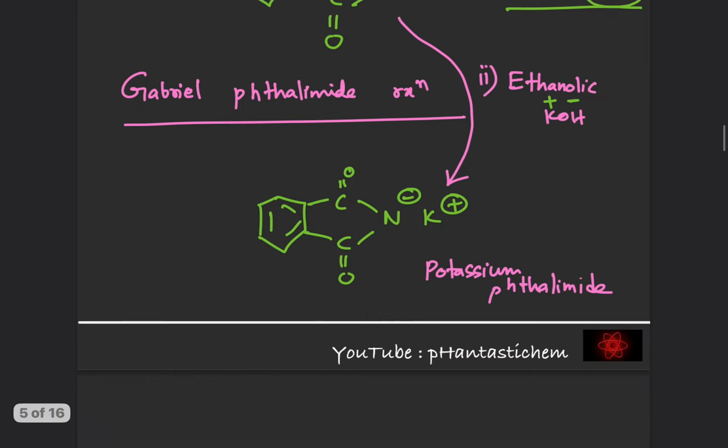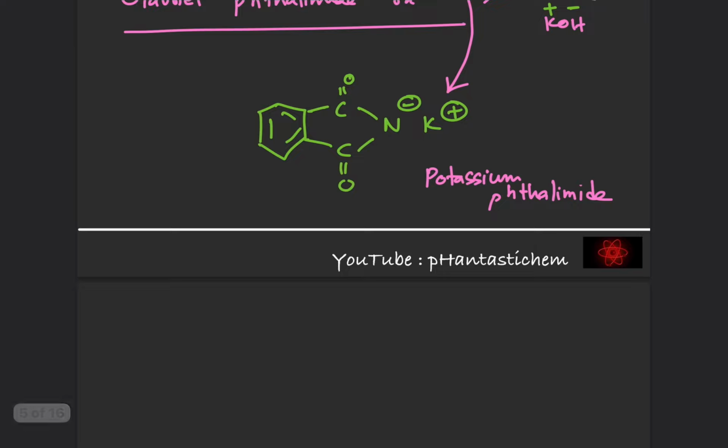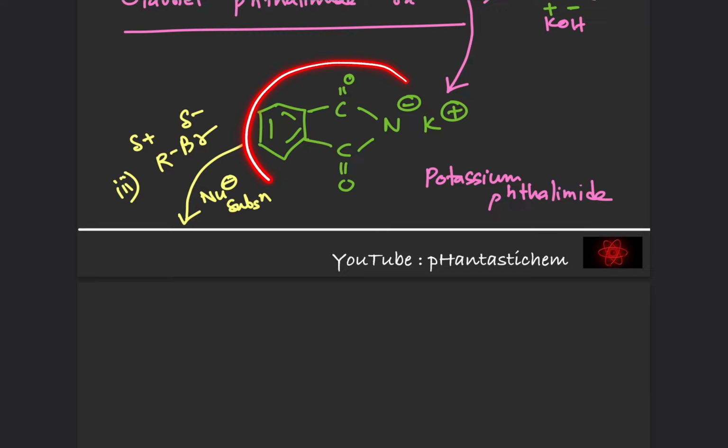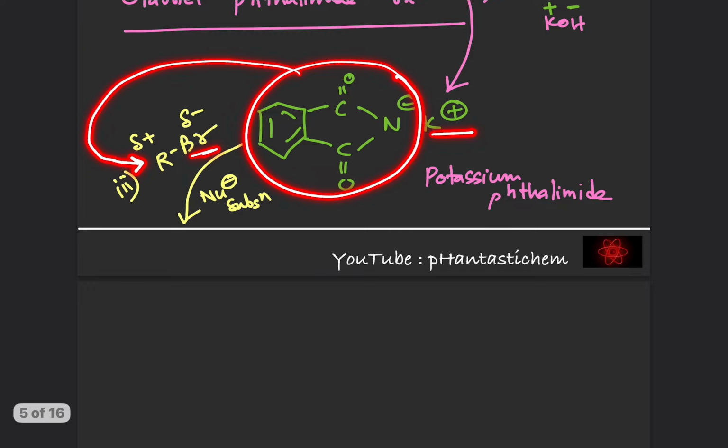Okay. Then the third reagent that we use here is RBr. And this reaction is nucleophilic substitution. So what's going to happen, this is the nucleophile, and Br contains a partial negative charge, R contains a partial positive charge. So this is going to come and attack our R and form a bond with R, and K and Br are going to go out.